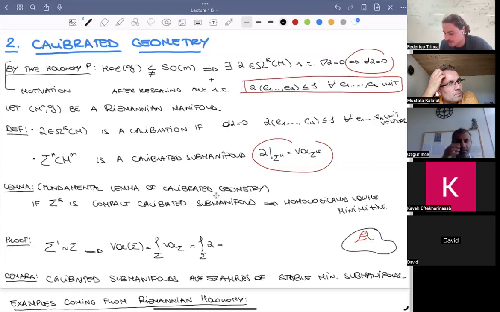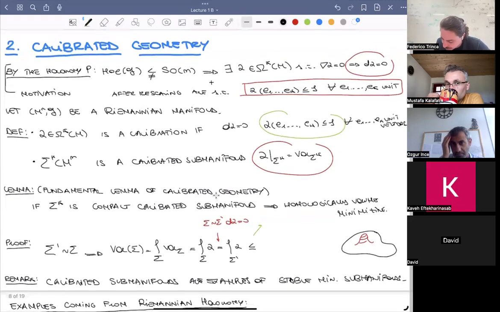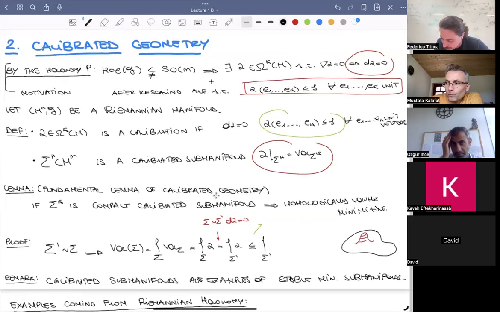And now, once again, by the fact that sigma is homologous to sigma prime and d alpha is equal to 0, this is equal to the integral over sigma prime of alpha. And the comass condition, which is this condition here, implies that this is less than or equal to the integral over sigma prime of the volume form of sigma prime, which is just the volume of sigma prime.